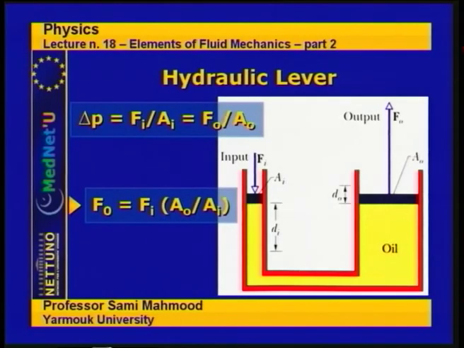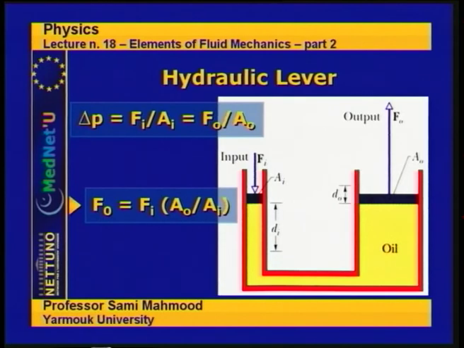And that result is F sub O at the output end is equal to F sub I multiplied by the area A sub O divided by the area A sub I. That is the force we obtain at the wider end of the lever.